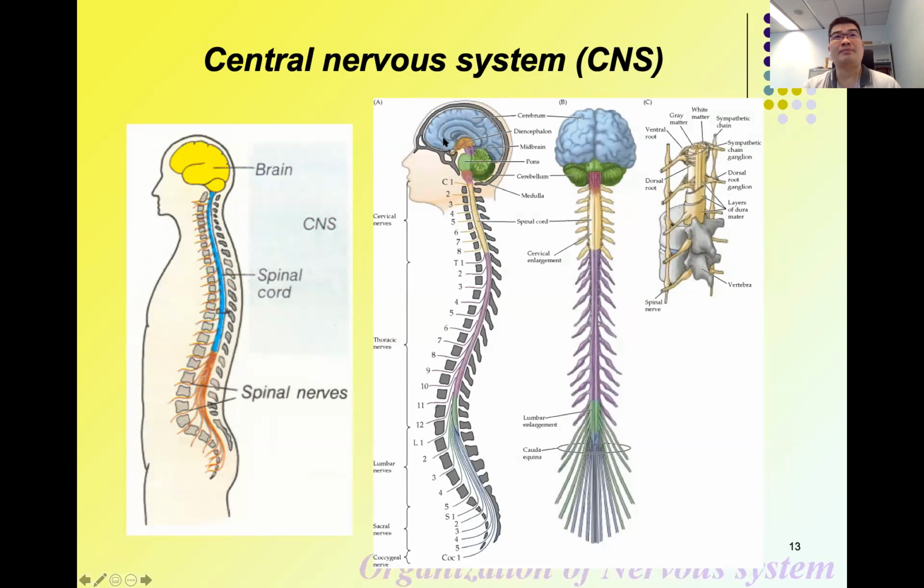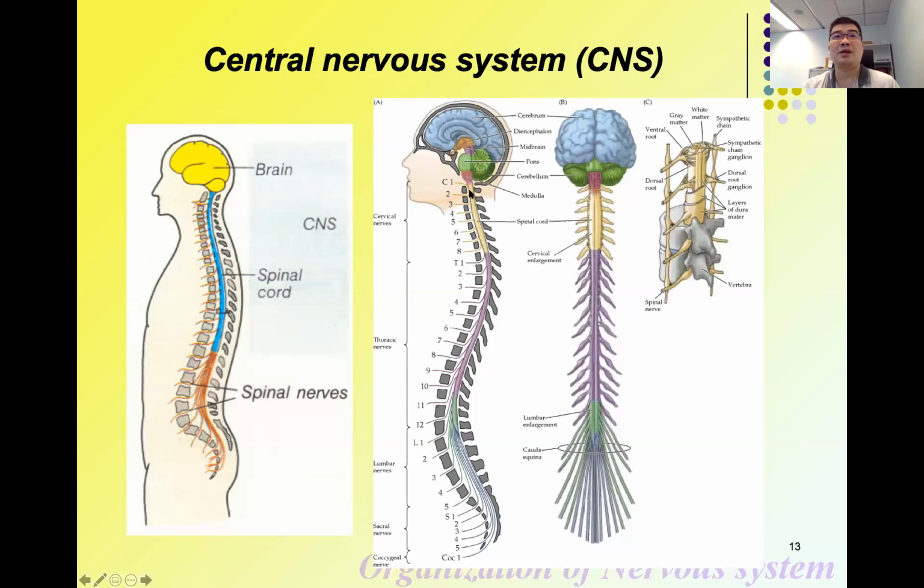Here is the brain. This is the brain stem. Remember we talked about there's a hole. If you have the chance to see a human skull, you will see that it is all covered, except there's a small hole at the bottom that allows the spinal cord to come out.